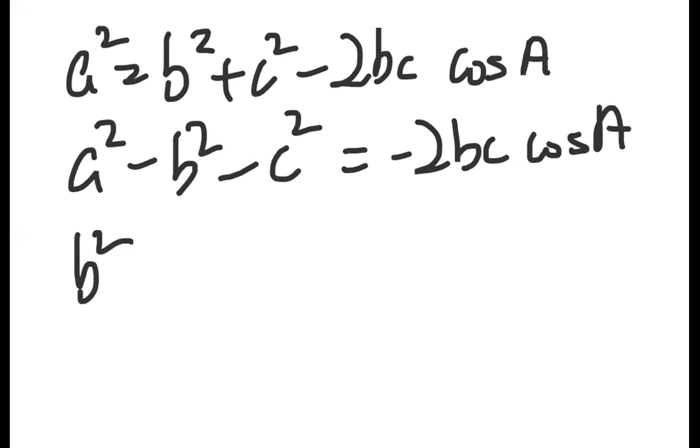So I get B square plus C square minus A square equals to 2BC cosine A.